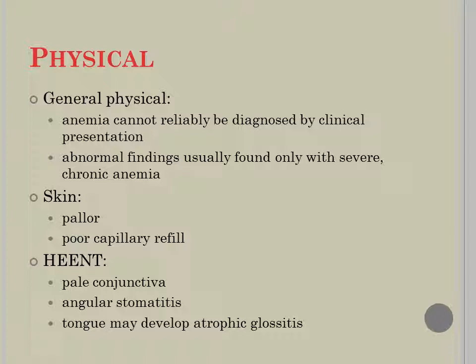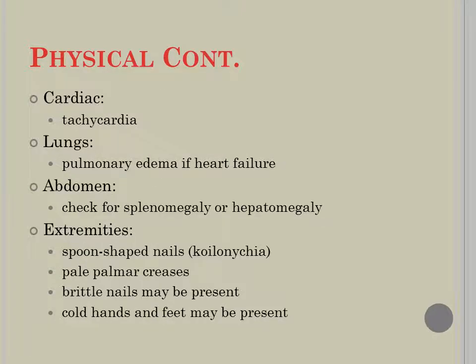Do they have any fissures around their mouth? Does their tongue have atrophic glossitis? In addition, looking for their cravings of certain things. Some people crave cotton. Some people crave clay. Some people crave dirt. So, as I said, also the ice chips. So really honing in on some of that.